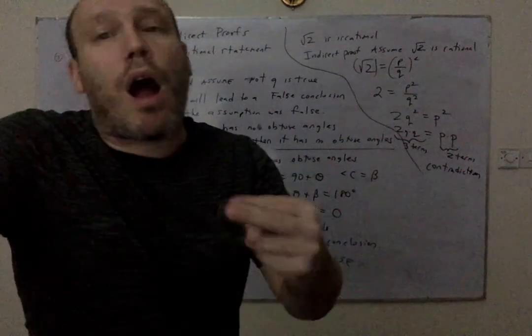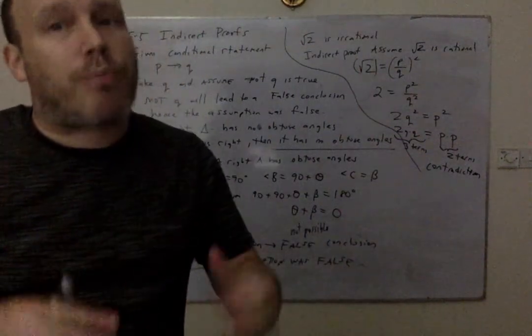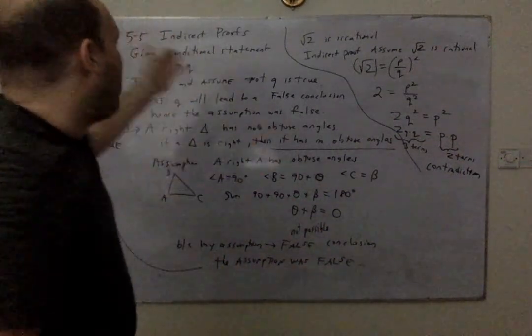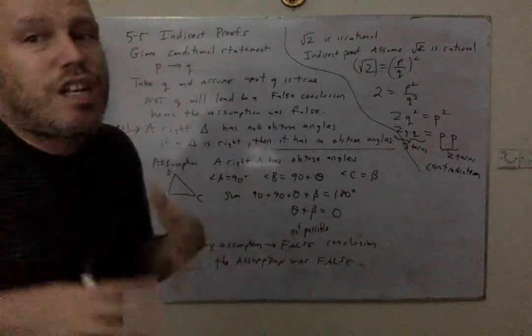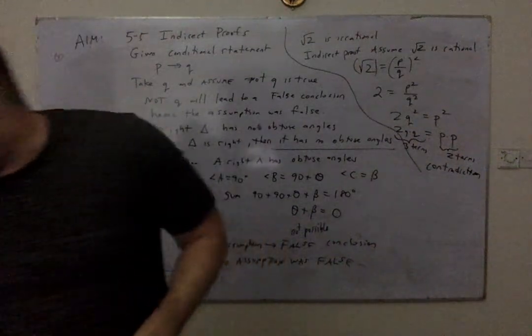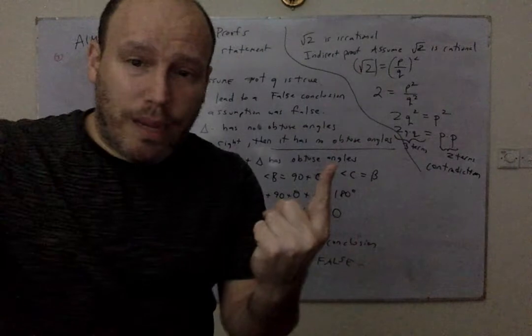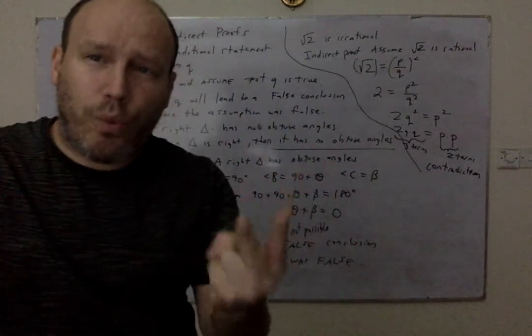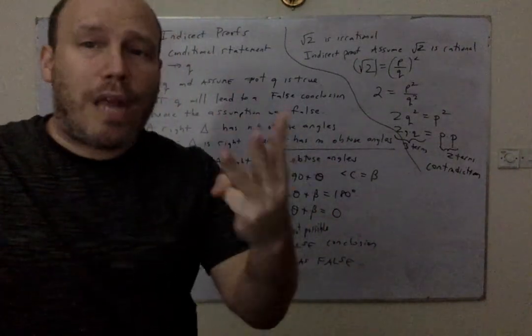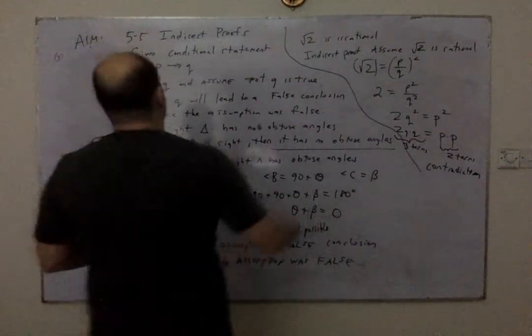Immediately you run into a contradiction, and that's the idea of indirect proof. Okay. That is 5.5. So it's another technique. Now we have 3 techniques for proving: deductive reasoning, coordinate geometry, which we're going to get back to, and now indirect proof.